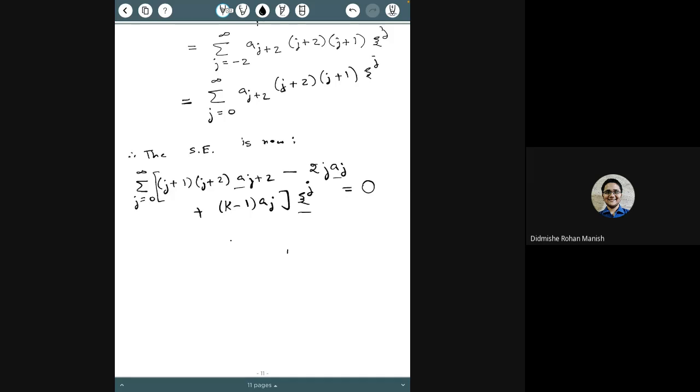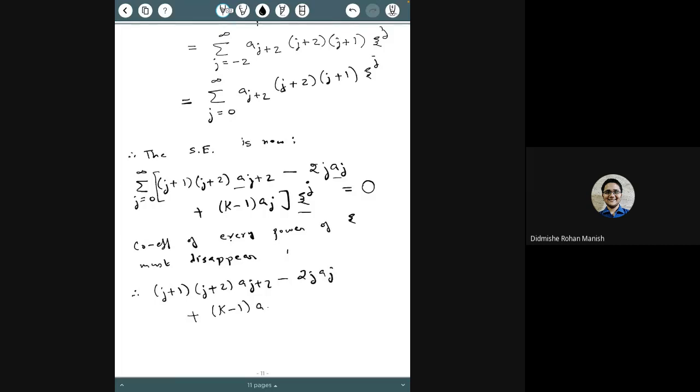Now, since the coefficient of every power of xi must disappear, I have the relation that j plus 1 into j plus 2 into aj plus 2, so what's in the bracket basically, 2jaj plus k minus 1 aj, is equal to 0 for all j.